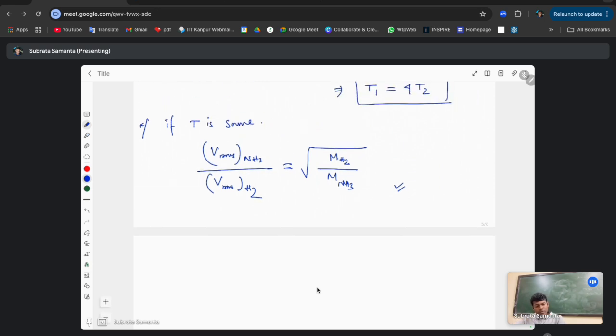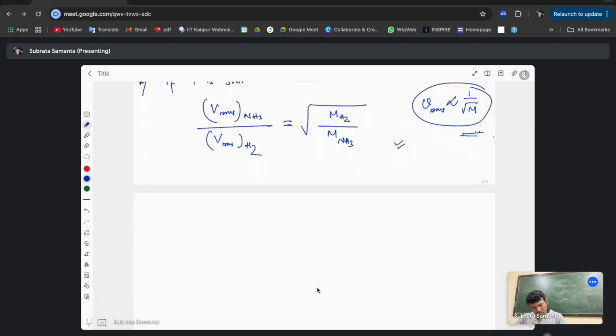So the concept is that v RMS is proportional to 1 over the square root of m. Using this formula, you can calculate several problems, just switching the values of m and T. Similarly, you can calculate the average velocity.